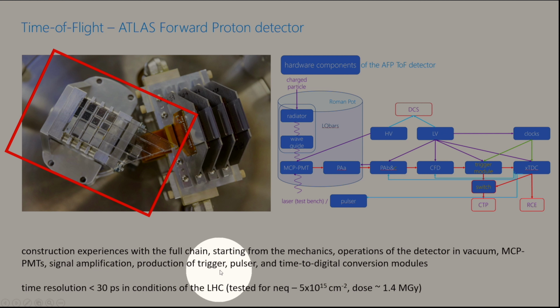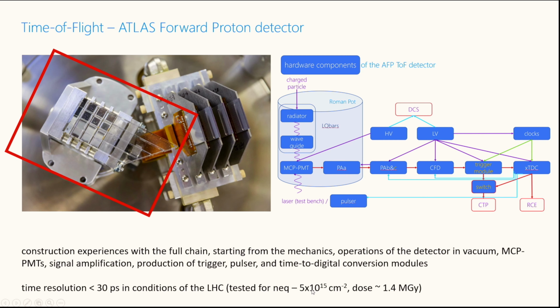We have experience with production of a trigger pulser for testing the module, and with time-to-digital conversion. This is a radiation-hard detector: NIEL is better than 5×10^5 per square centimeter, and the dose is better than 1.4 megagray.